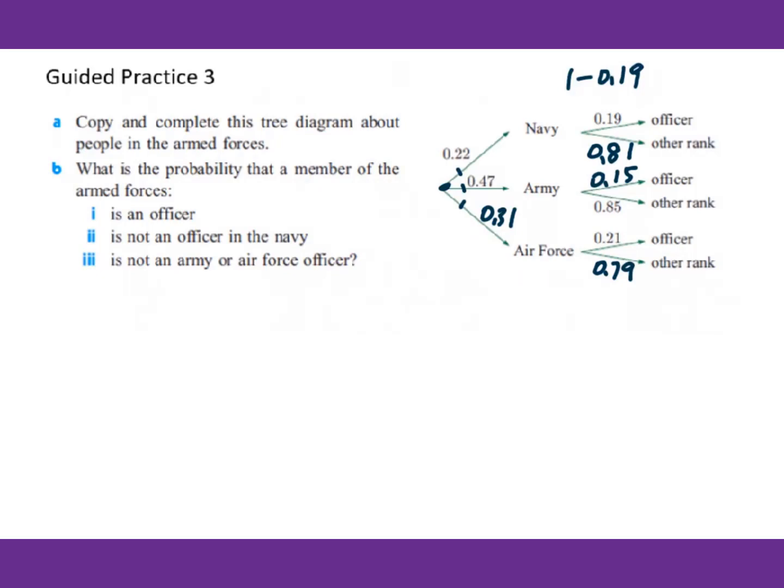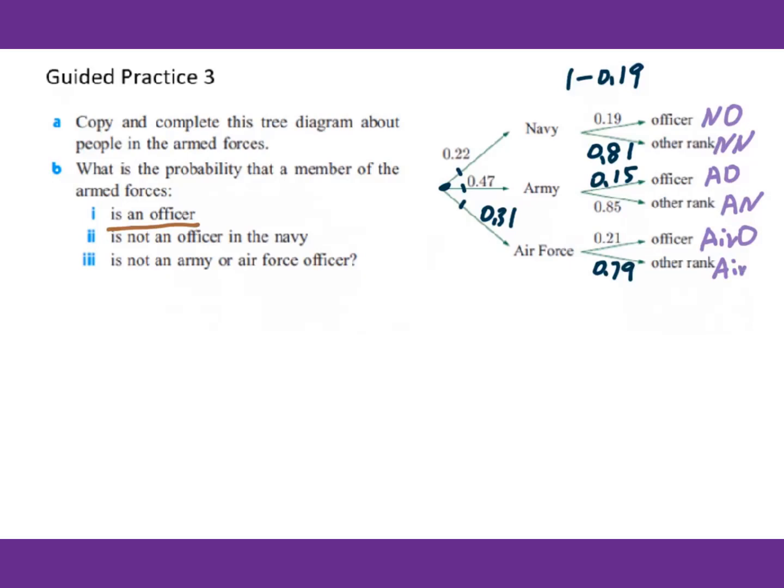What's the probability that a member of the armed forces is an officer? From this one, you will get the Navy officer. Navy not officer. Let me write down N, not officer. This one is the Army officer. Army not officer. Air Force officer.